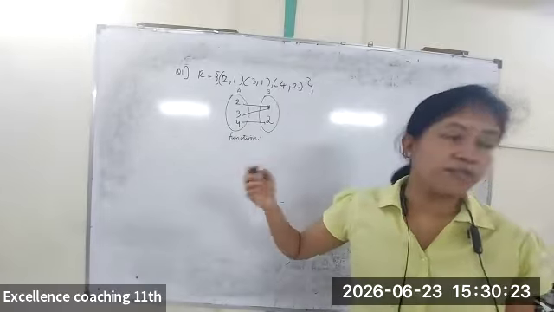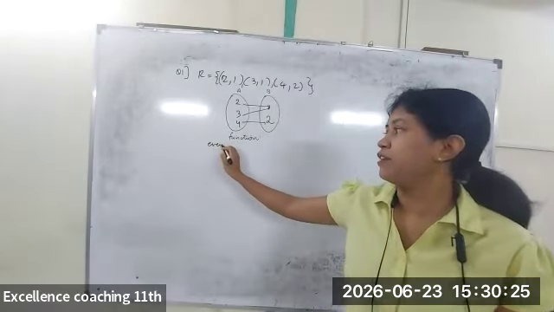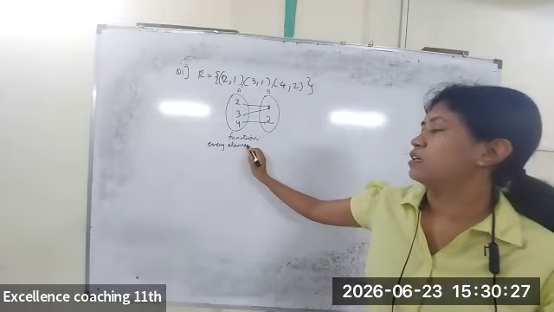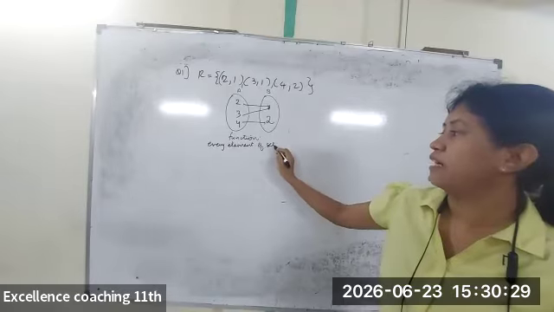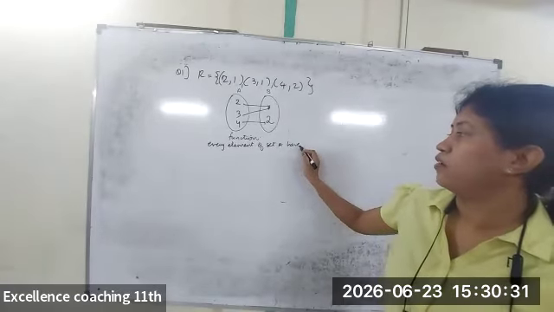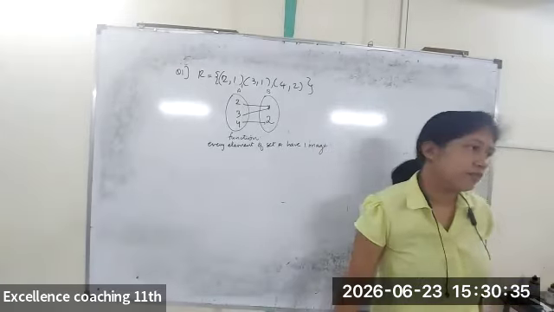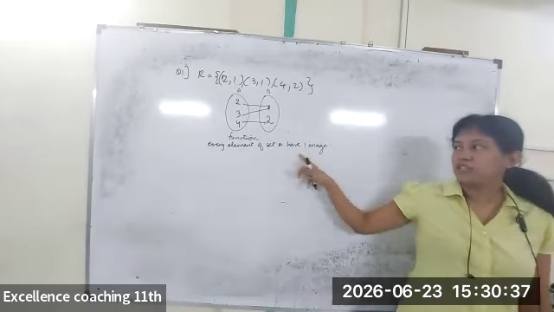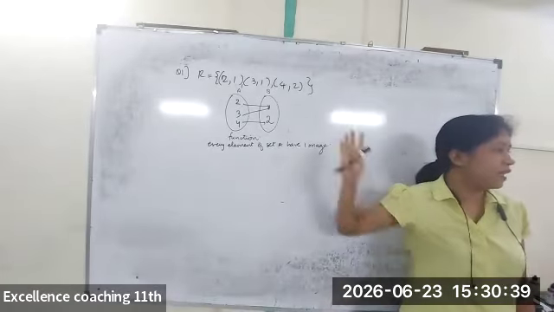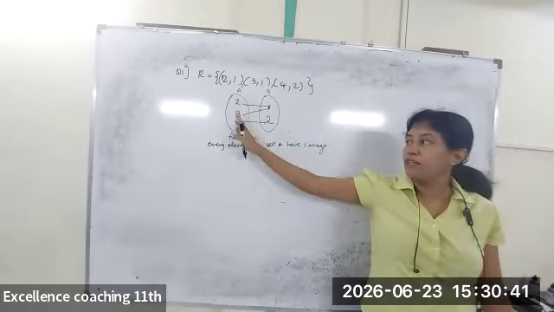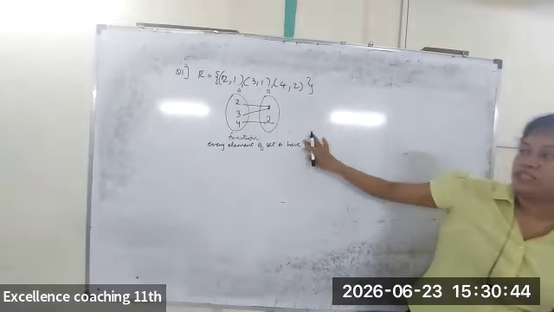If anybody asks you for justification, what will you say? Every element of set A has one image. This is the justification in case you are asked why it is a function: because every element of set A has one image.